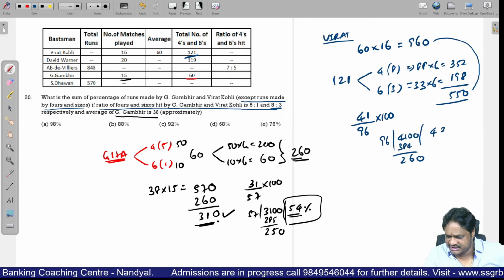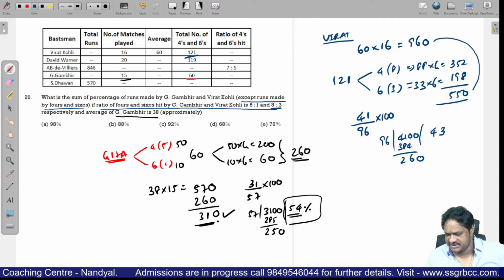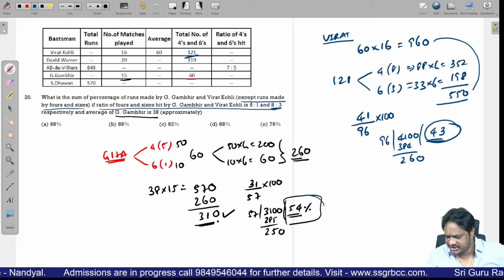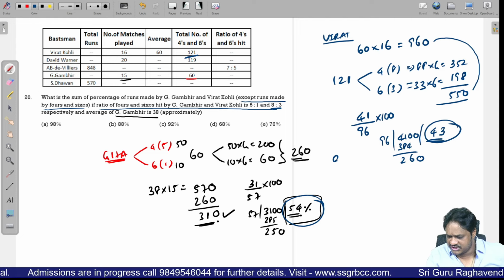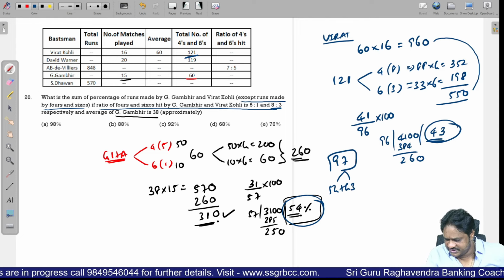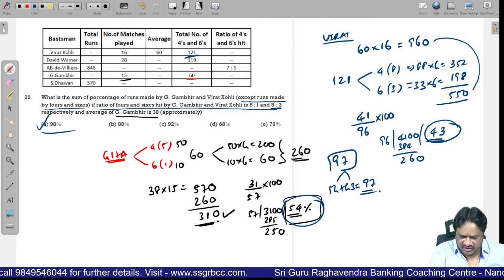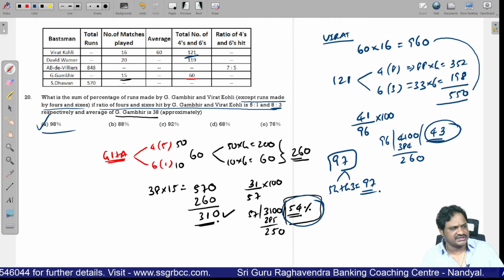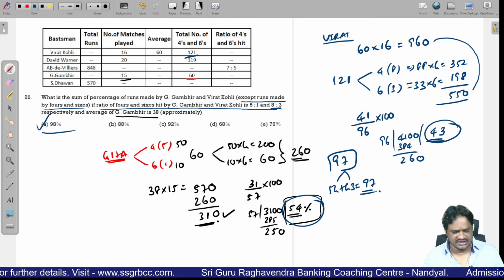Now 96 3s. It is not exactly 3 times, approximately 2 times. So it is 43. This is 54. Total sum will be 97. 54 plus 43, approximately 97. We can go near 98. 98 is the correct answer. Let us see the next question.